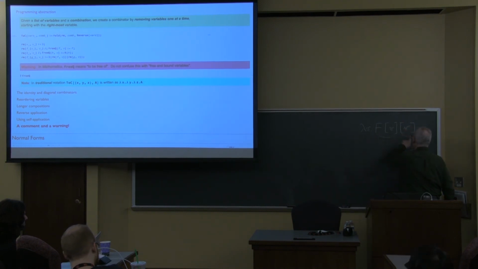Lambda v of v is the identity function. Sometimes I write it as J, never mind here. Now I use that extra rule here. There is no v here, so when I remove the v from that, I have f there, but I need to combine them by S.